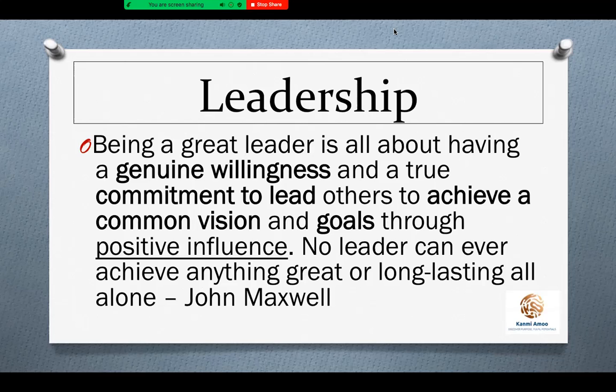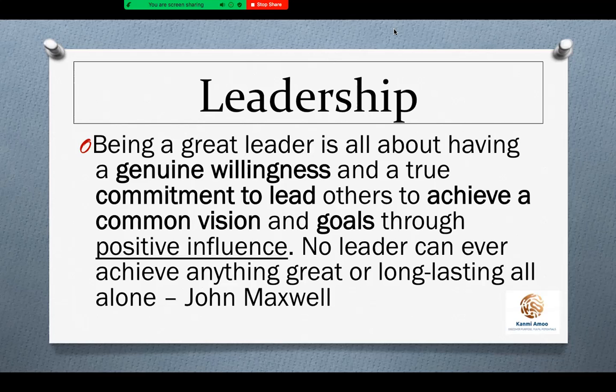Some people say that they were forced into leadership, and that's why they don't really lead the organization to astronomical achievement of success. Because great leadership, I didn't say good leadership. I didn't say just leadership. I said great leadership. The condition precedent for great leadership is genuine willingness.